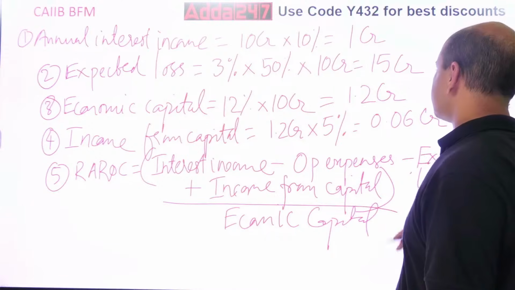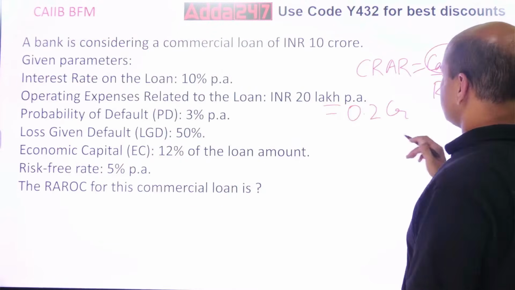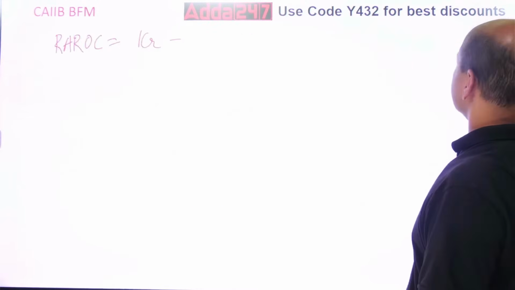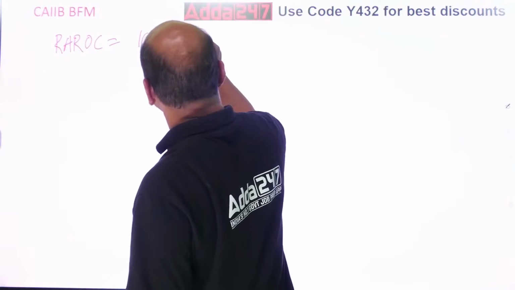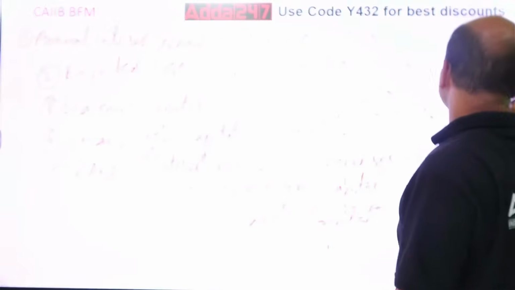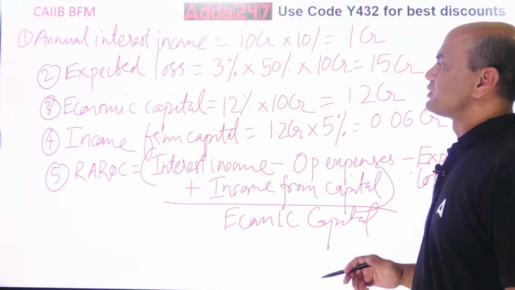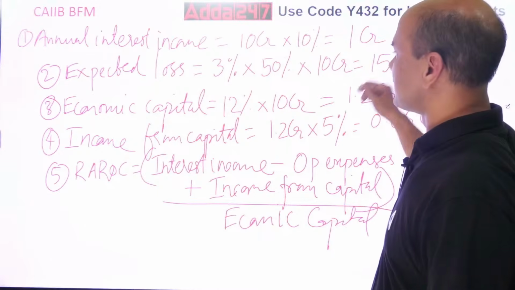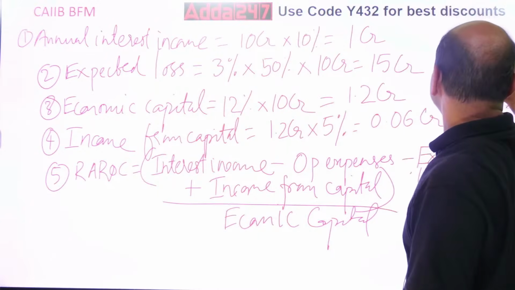Minus operating expenses. What are the operating expenses? 0.2 CR. So minus 0.2 CR, minus, what is this? Something more is there. Expected loss. What is the expected loss? 15 CR, right? So 15 CR.